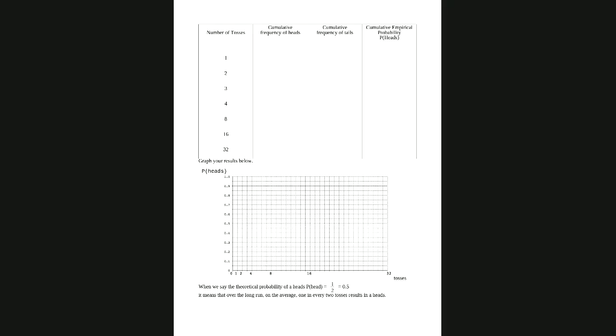Okay, here I'm going to examine the relationship between empirical probability and theoretical probability. To do it, I'm going to perform an experiment involving flipping coins.